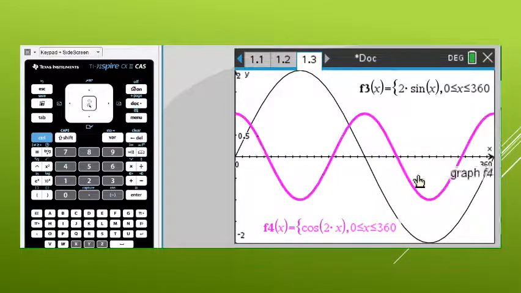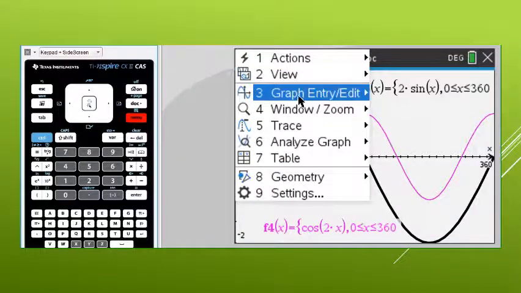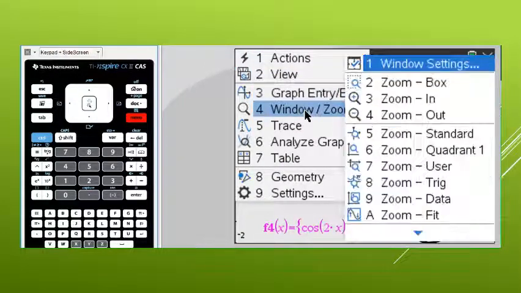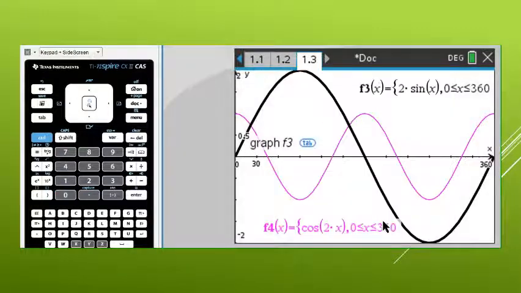Across here I can't see the scale number there, so I'm going to go menu and go to Windows Zoom again, but this time I go up to Windows Settings, and here it says the X scale is going from 0 to 360, but it says auto, so I'm going to go up in lots of 30 degrees and go OK. So each of these dashes now is worth 30, so it's a bit easier to read the graph. So you can change that.